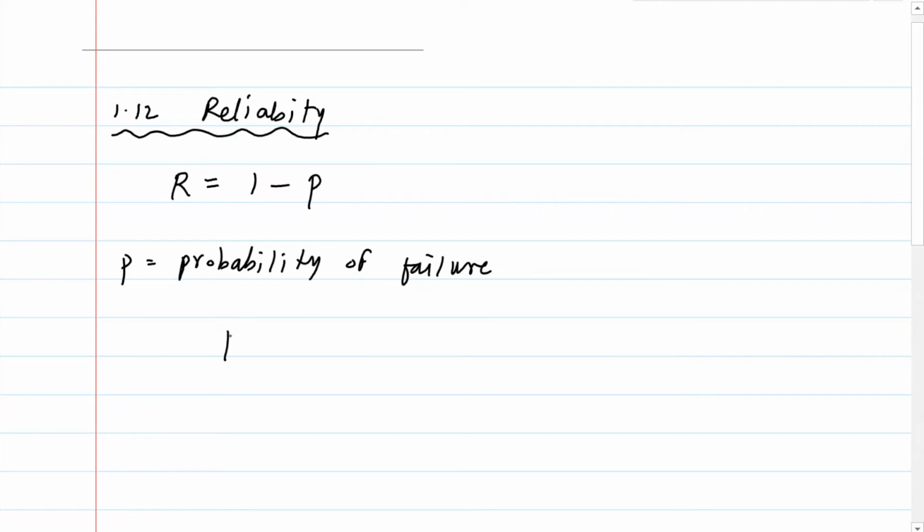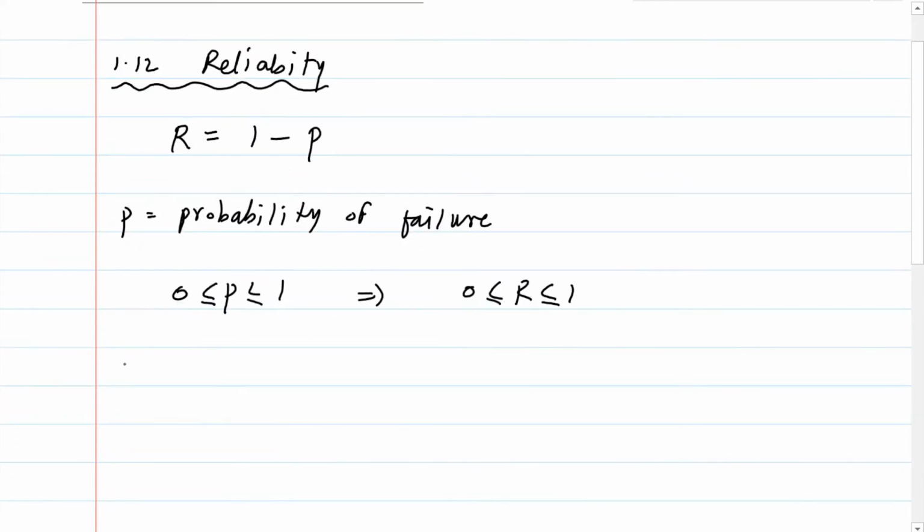The probability is always between 0 and 1, and by definition, R, which is the reliability, is always between 0 and 1. Obviously, you want a higher reliability, so P should be as low as possible. A good product will have P as low as possible and R as high as possible, where obviously it cannot be beyond 1.